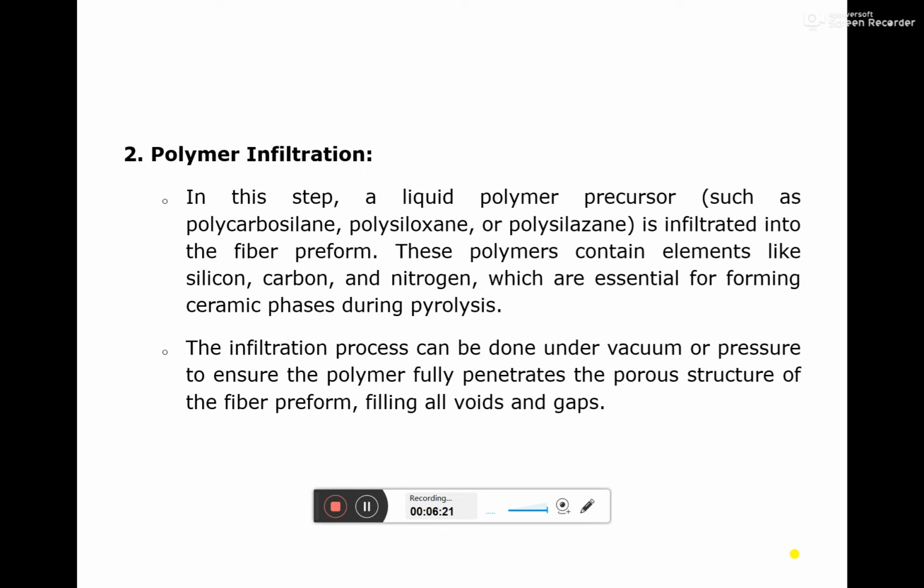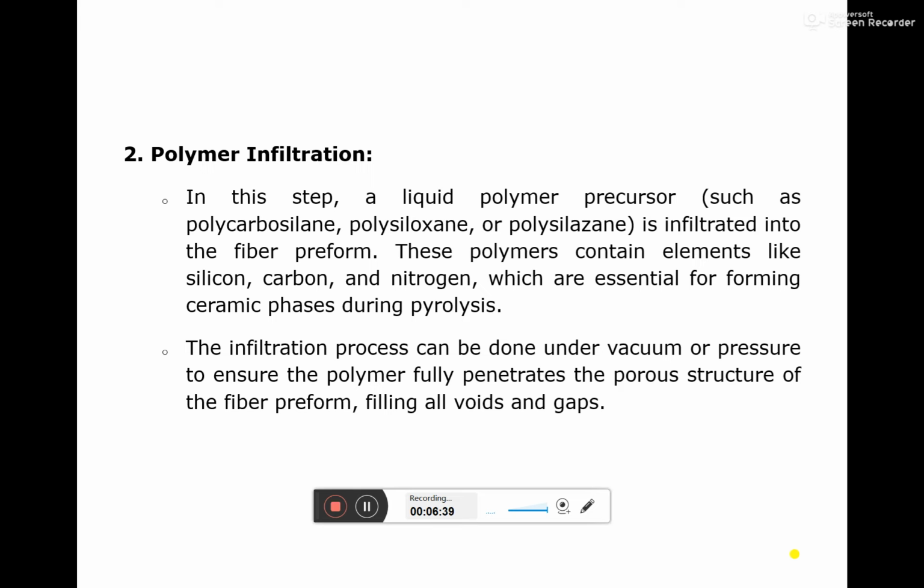These polymers contain elements like silicon, carbon, and nitrogen, which are essential for forming the ceramic phases during pyrolysis. Why are we choosing these precursors?